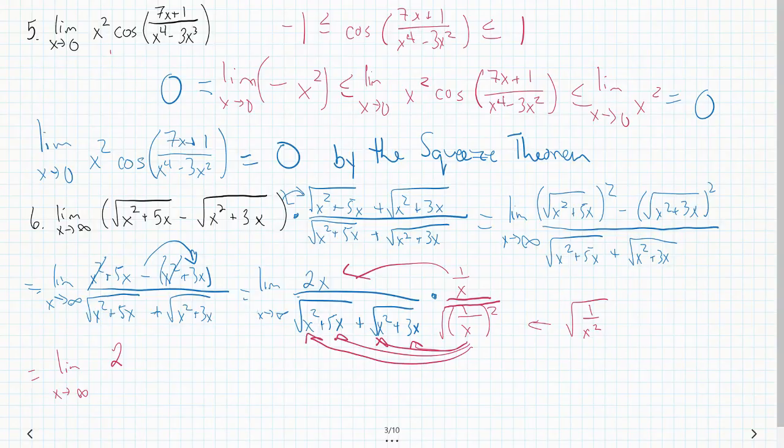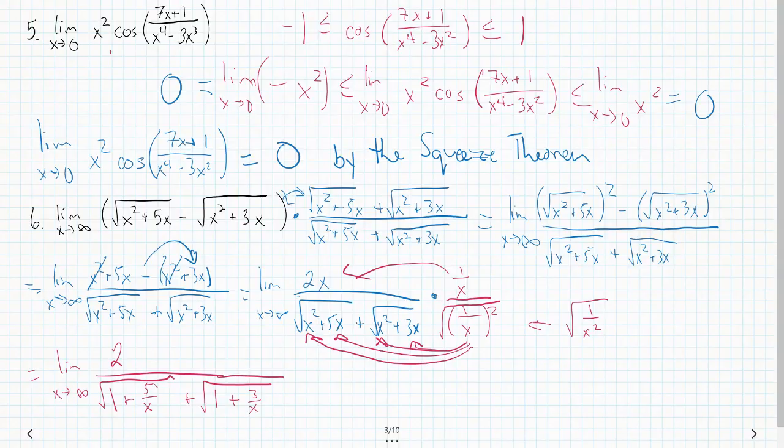this times each piece. So what does that become? Well, when we have 1 over x squared times x squared, that's the square root of just 1. Plus 5x times 1 over x squared is just 5 over x. And then x squared, once again, times 1 over x squared is just 1. Plus our other piece is just 3 over x.